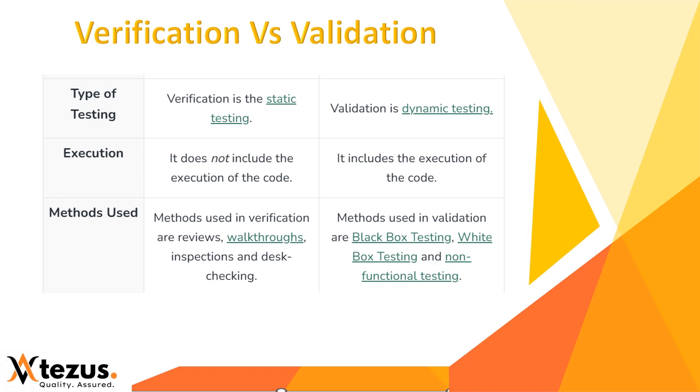The methods used in validation are black box testing, white box testing, non-functional testing, etc. Let us discuss these in a detailed way later. For now, just understand what will happen during validation and what will happen during verification.